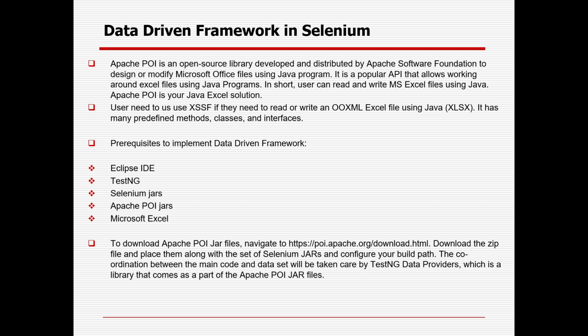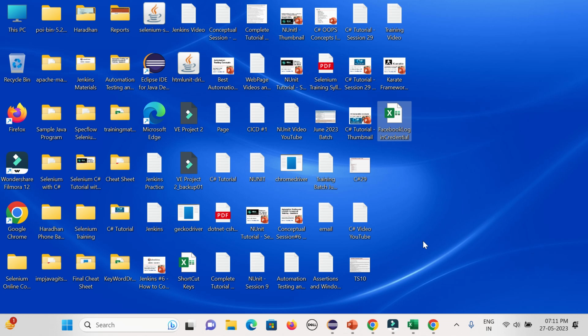To download the Apache POI jar file, I already let you know in the last session. You need to go to poi.apache.org download.html. You need to download the zip file and extract it. After that, there will be a couple of folders in the Apache POI.